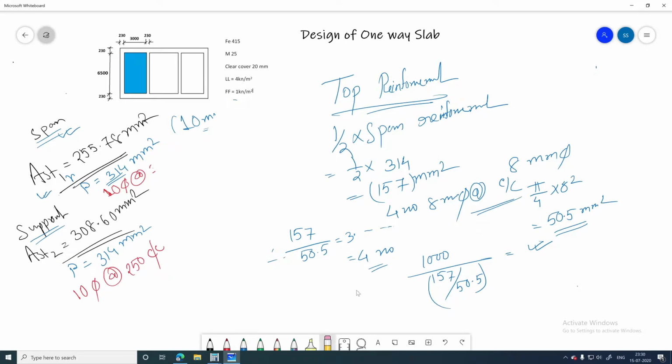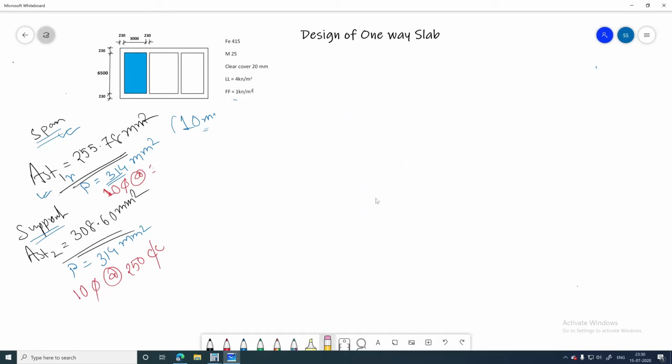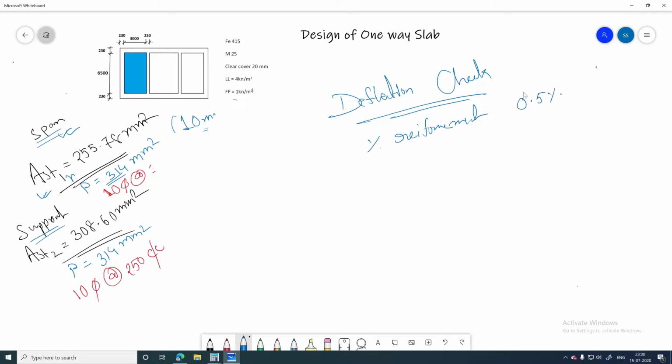The last thing that we need to do is the deflection check. Deflection check is a very simple one. We know the percentage of reinforcement that we considered, that is 0.5%, right?